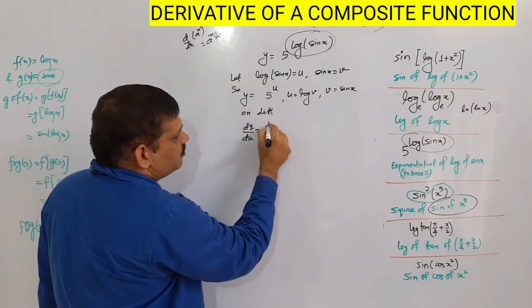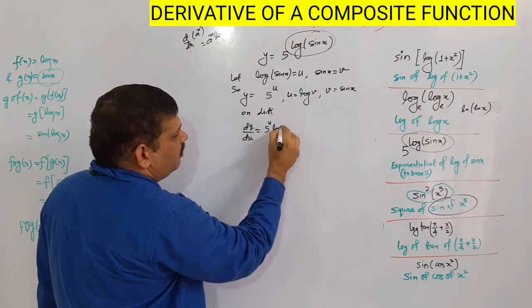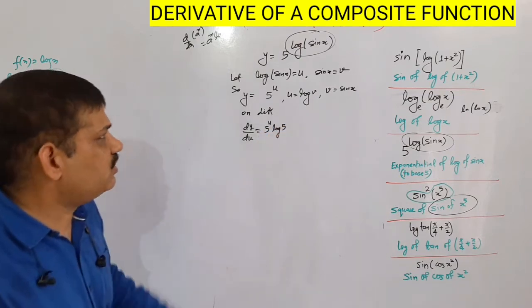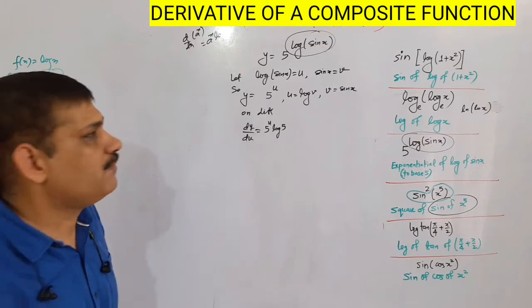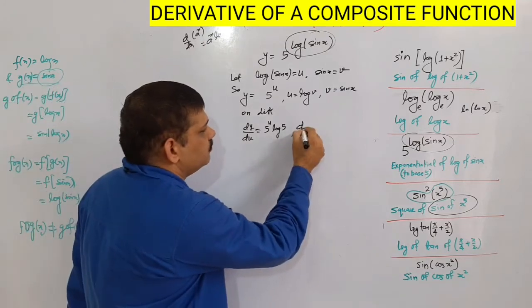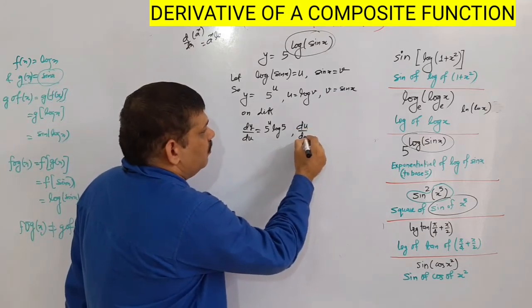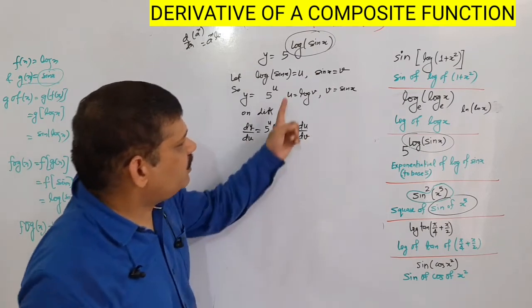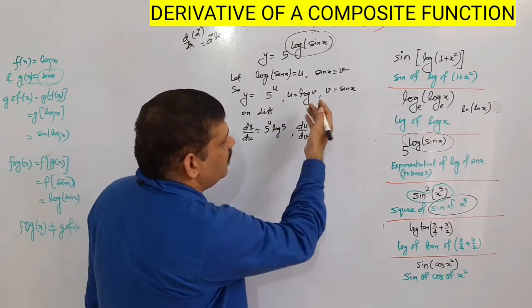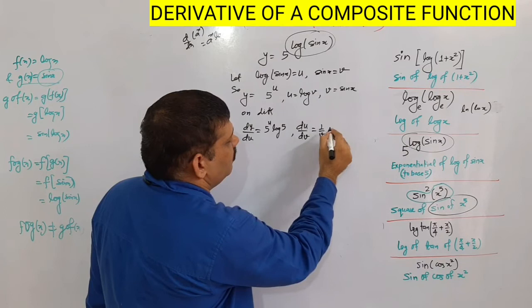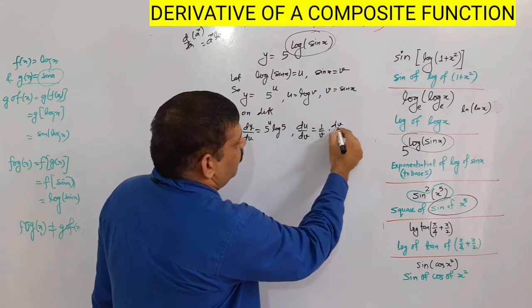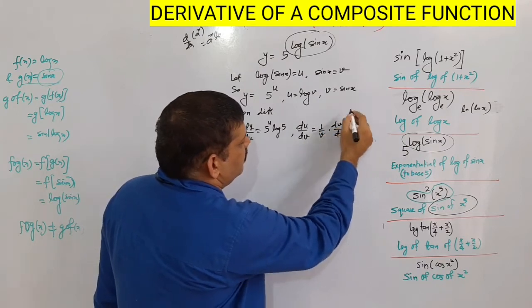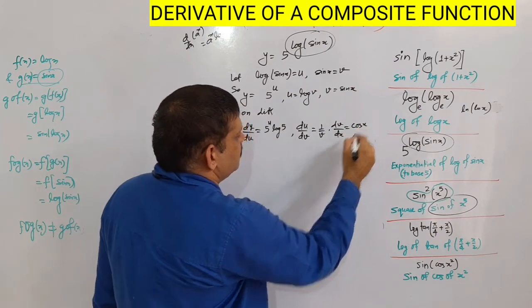The formula is applied. Now derivative of u with respect to v, log of variable, that is 1 upon variable. Now derivative of v with respect to x, the derivative of sine x is cos x.